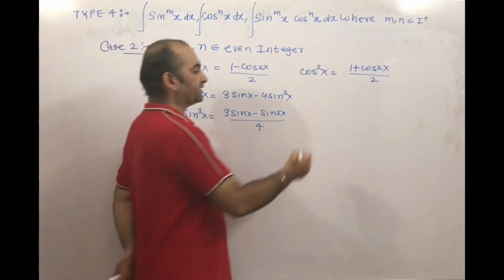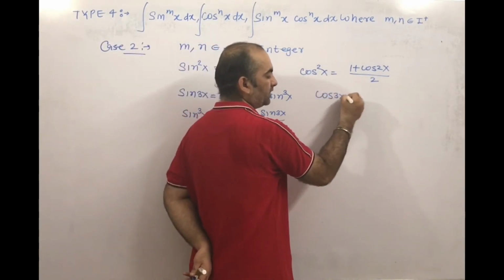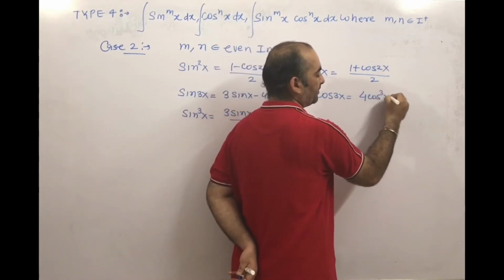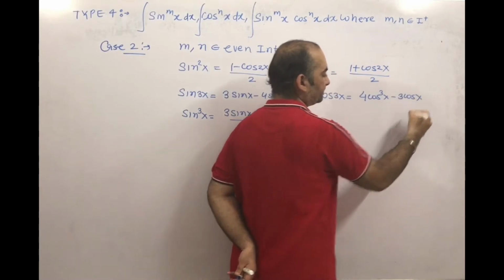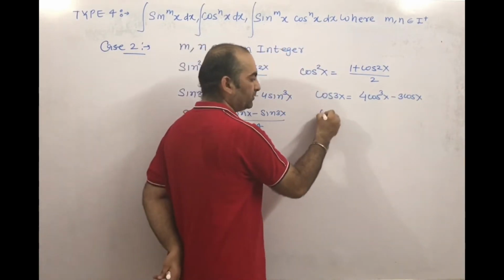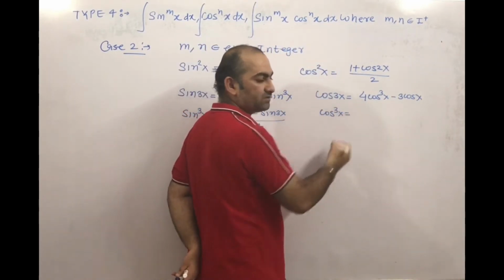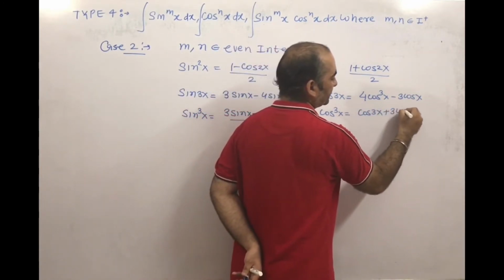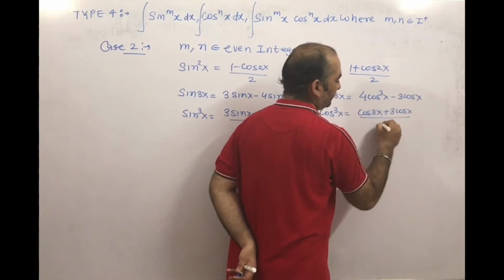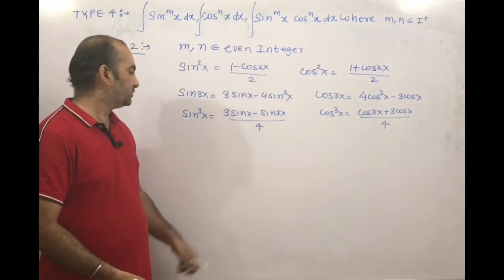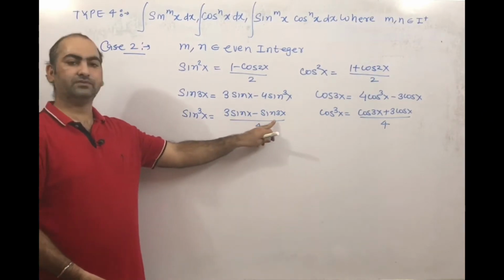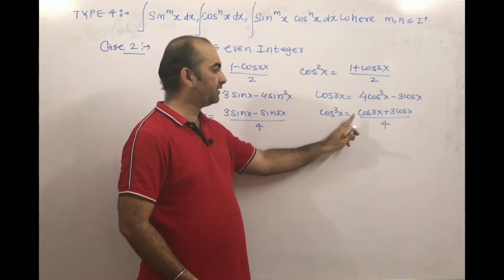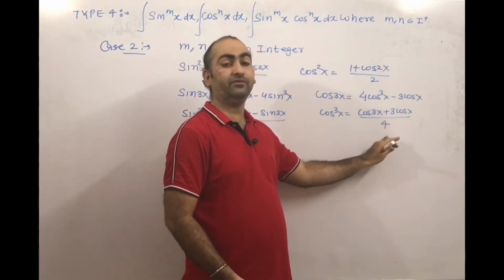And similarly cos 3x is 4 cos cube x minus 3 cos x. So from here cos cube x we can write as cos 3x plus 3 cos x divided by 4.